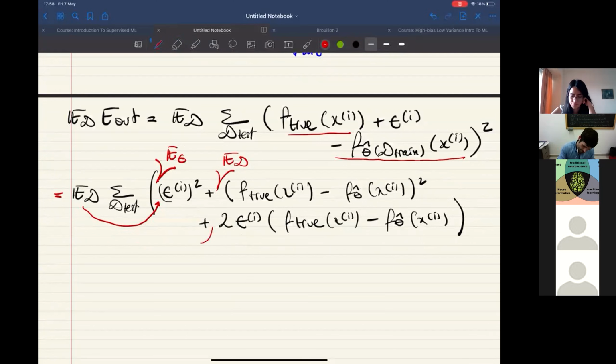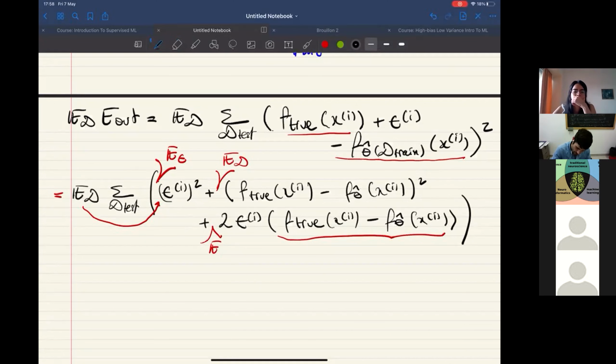But here you have to notice that this difference is a function of what?